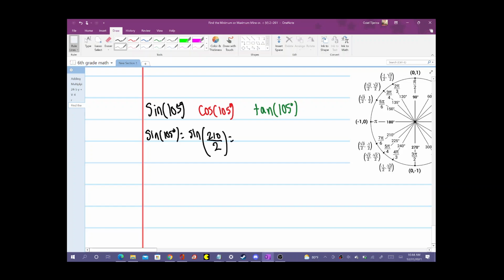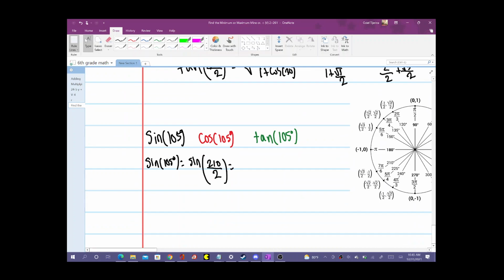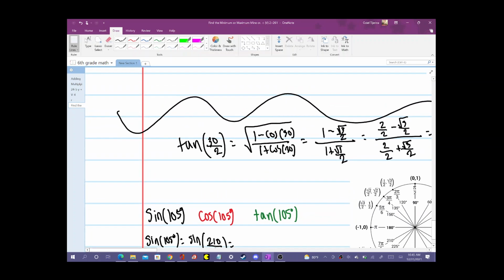The way that I knew that was because, since you divide using half-angle identities, you divide by 2, you have to multiply whatever angle they give you by 2. So then you say, okay, sine of 210 over 2, cosine of 210 over 2, tangent of 210 over 2. That's how you do it, okay?